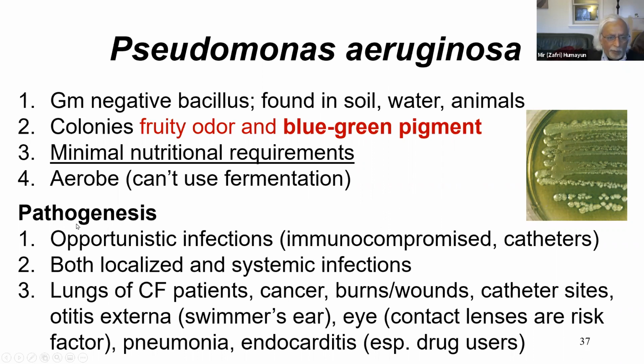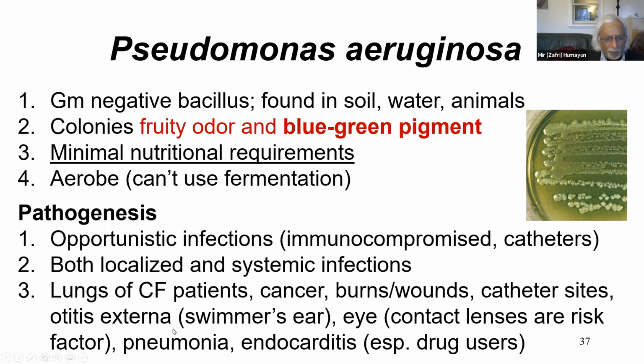So as we mentioned, Pseudomonas aeruginosa is strictly an opportunistic pathogen. It only affects immune compromised patients or patients with catheters, etc. It can cause both localized infection, like in the lungs of cystic fibrosis patients, and can also cause systemic infections. Okay?